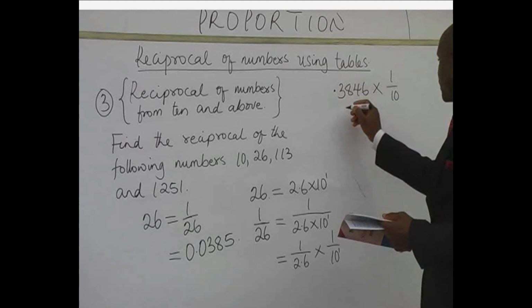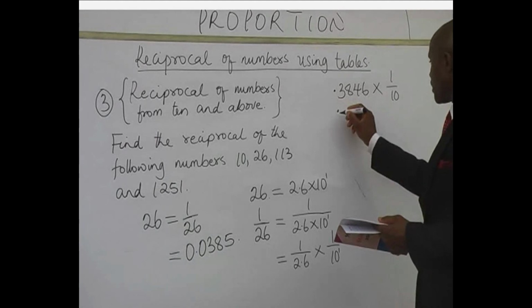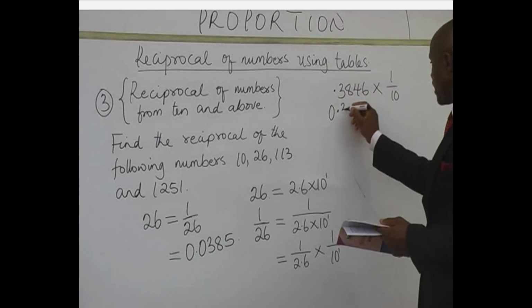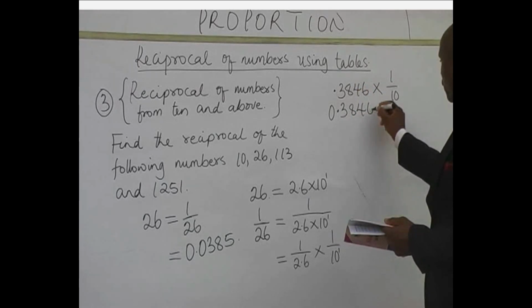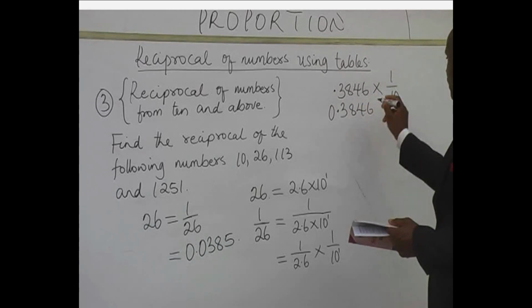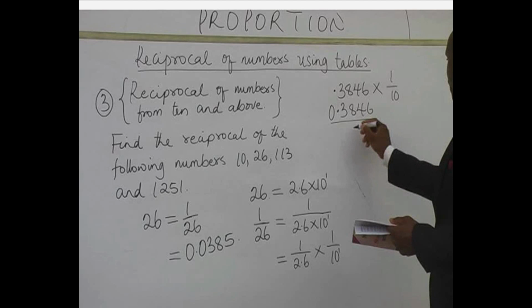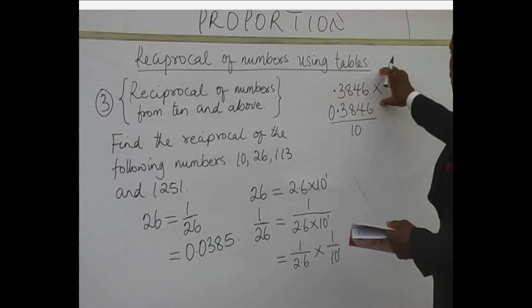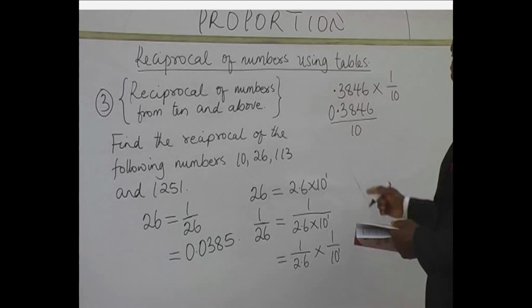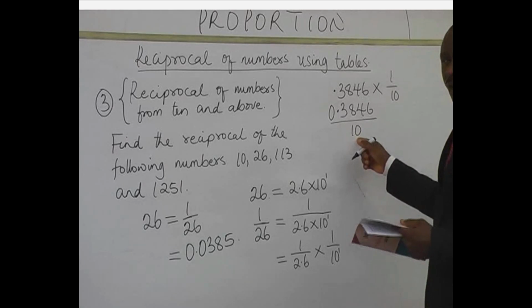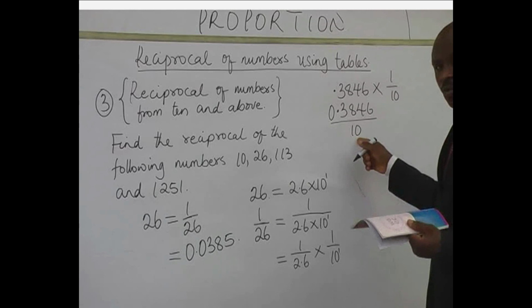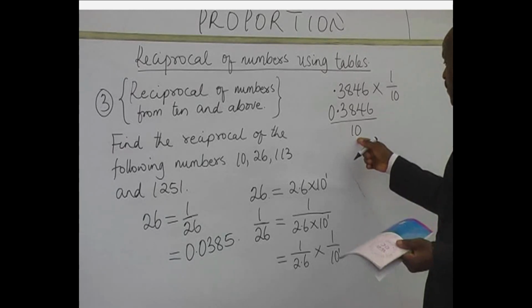What this means is 0 point 3846, divided by 10. That is the meaning of multiplying out this. And now that you are dividing by 10, you can use a calculator or you can do it the way I am explaining now.